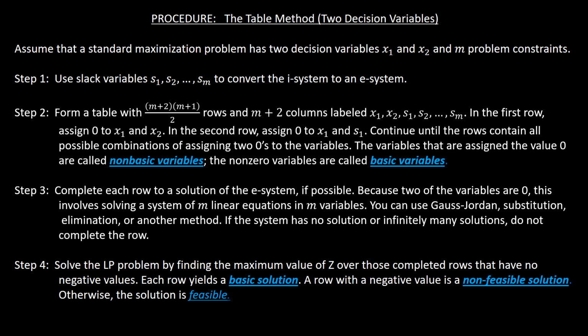So that's why we're going to throw out any rows that have a negative value, because the x's and the s's should be non-negative. If we have a row with a negative value, that is considered a non-feasible solution. Otherwise, the solution is feasible.